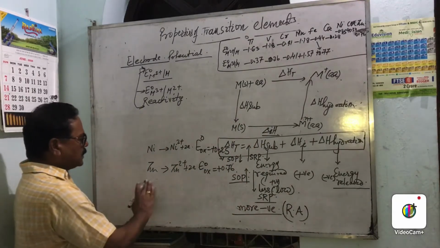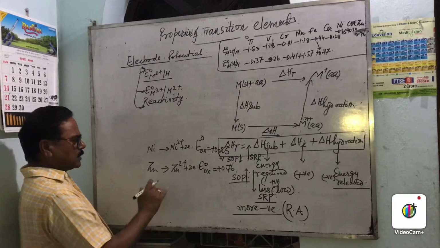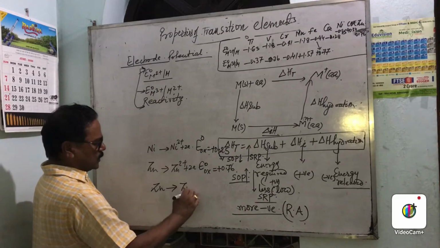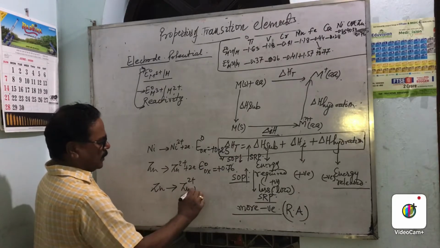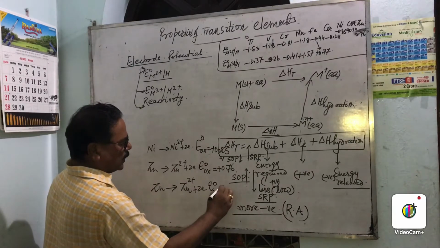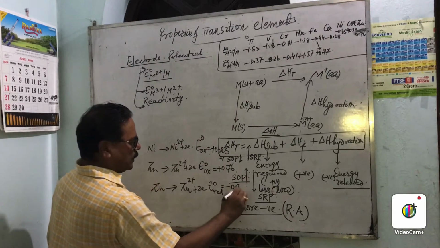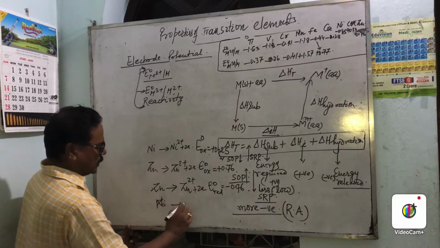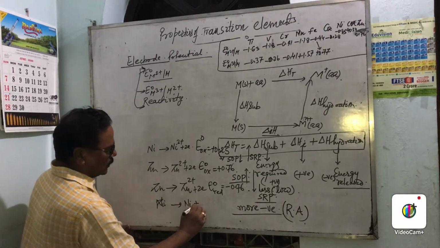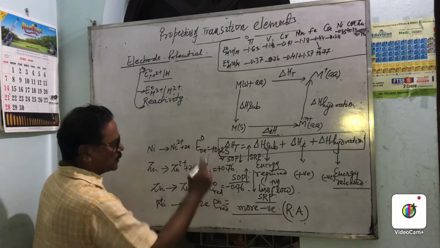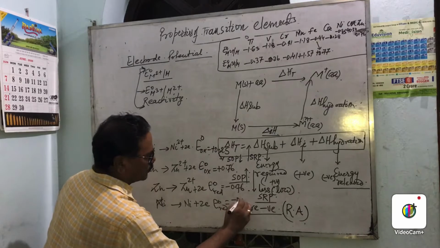If we consider the reduction potential value, we see why zinc will lose electron. Zn2 plus plus twice E, and here E0 reduction is equal to minus 0.76. For nickel and nickel 2 plus, the reduction potential is minus 0.25.